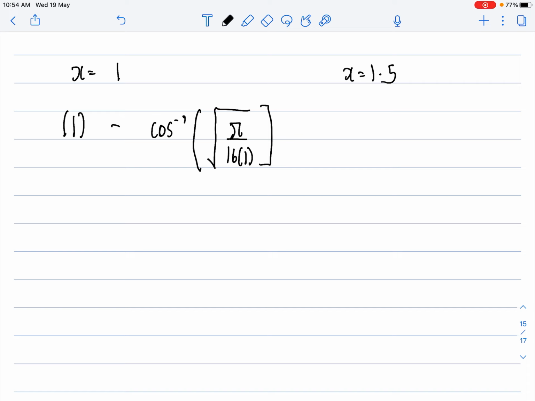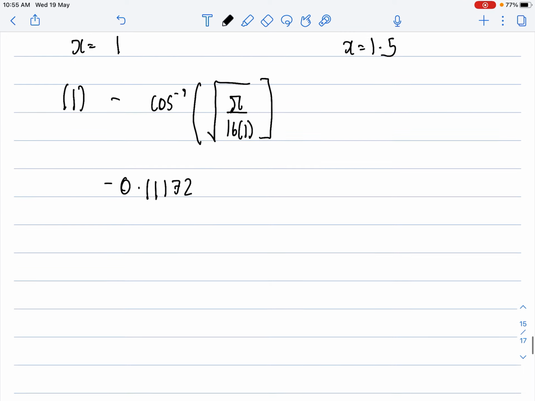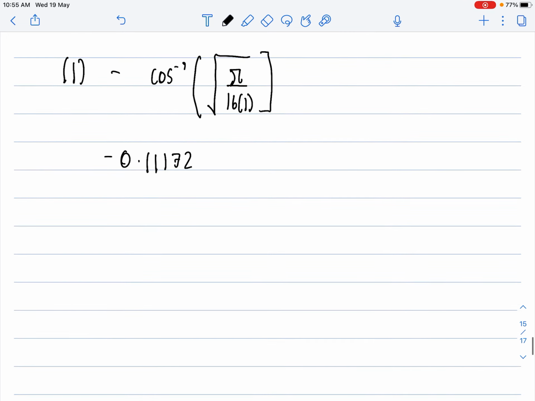Just give me 1 second, even I'm calculating it. So when I do this, I get my answer as negative 0.11172. I don't care much about the value, I care about the sign.